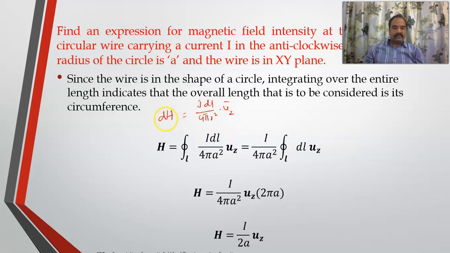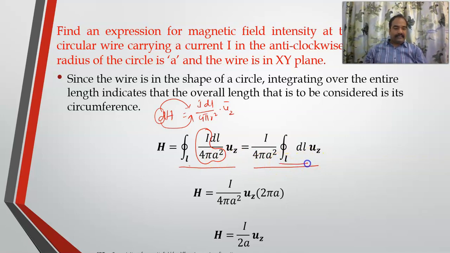Now it becomes an integral over the entire length, which is along the circumference. I over 4 pi a squared is independent of length here, because all the points are equidistant at a. So this is my expression now.